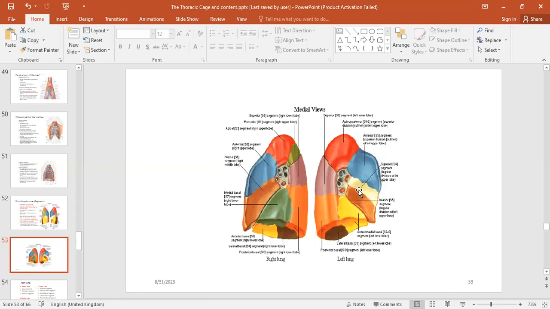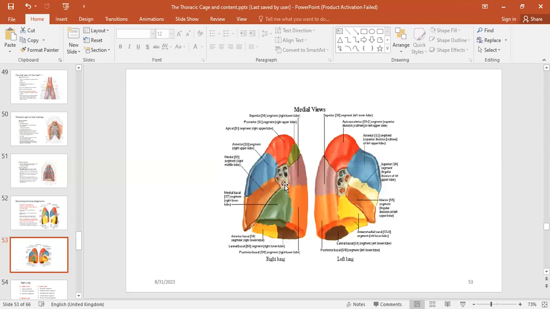In the right lung, at the hilum, there is first of all a bronchus entering there. You can see that the bronchus is superior. Then we can also see that there are two pulmonary arteries.